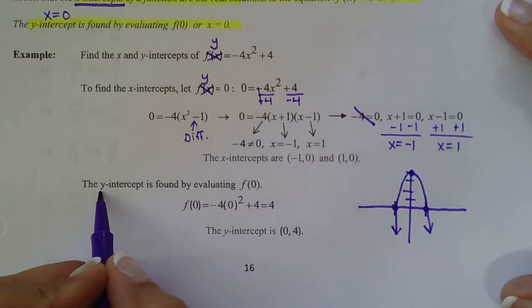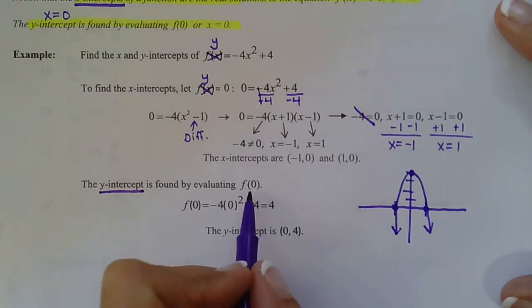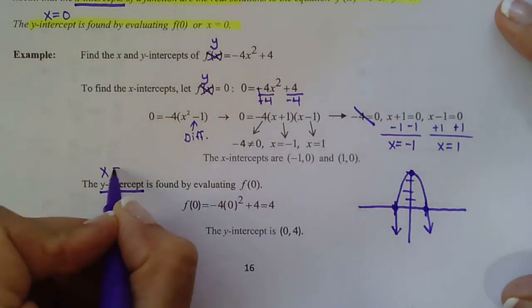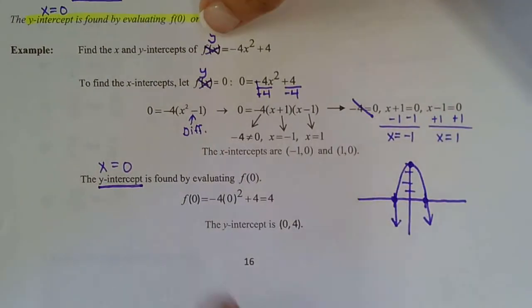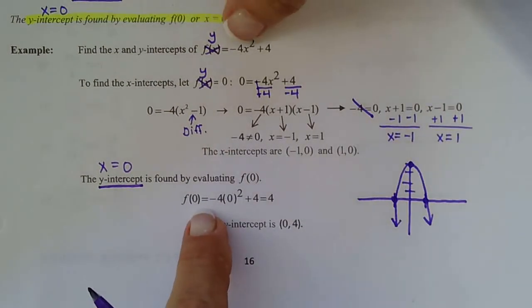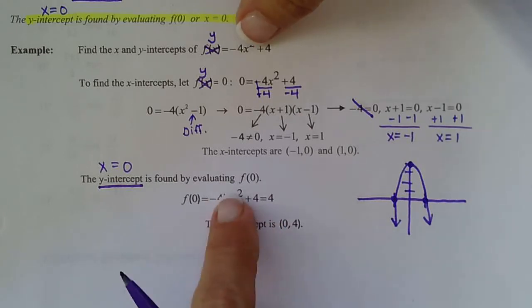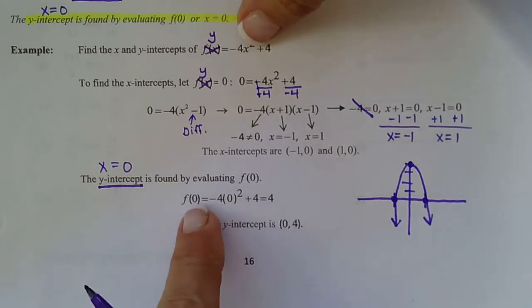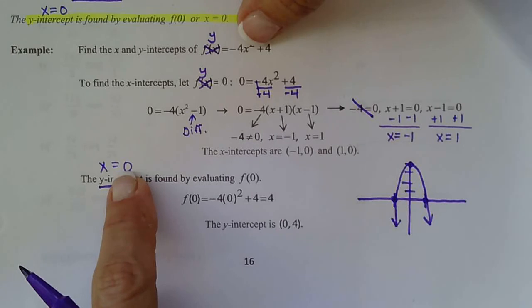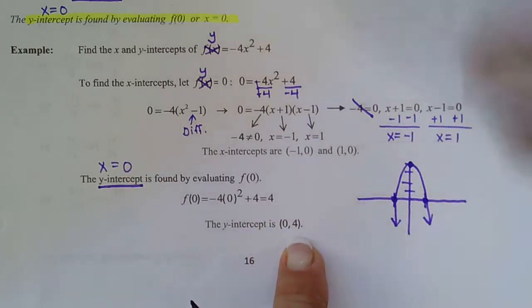So to find the y-intercept, we make x 0. So go into your original problem. y equals -4 times 0 squared plus 4. 0 plus 4 is 4. So the y-intercept is (0, 4), which I already drew up there because I did it in my head.